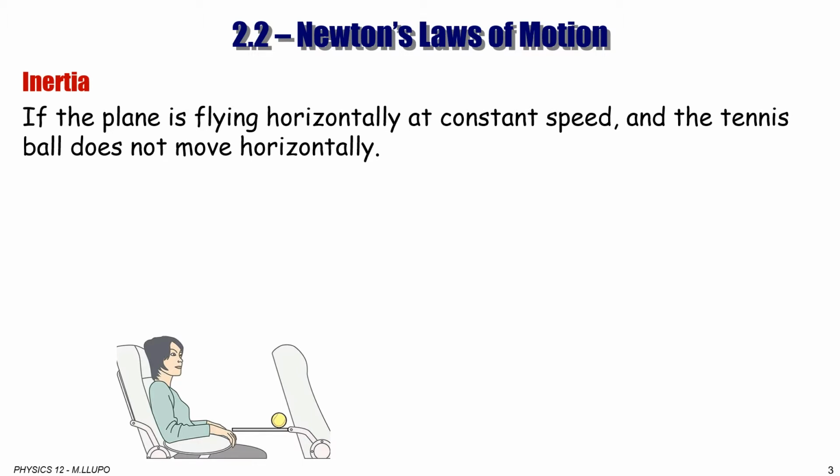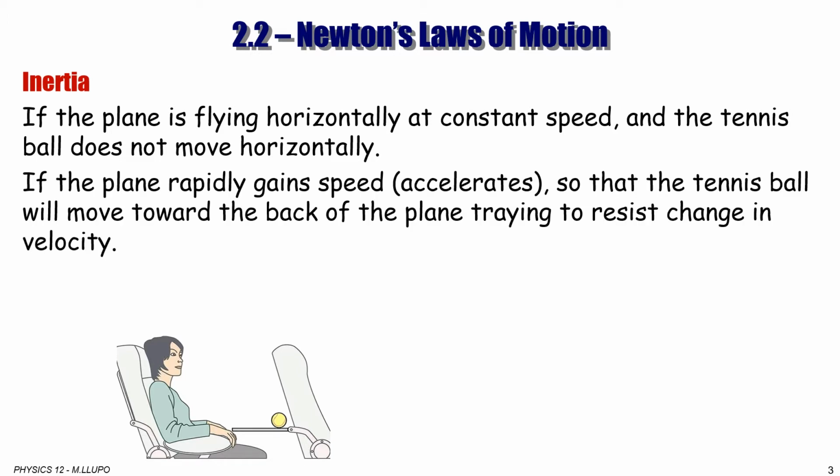So there's no reason to change that constant motion. However, if the plane rapidly gains speed or accelerates forward, the tennis ball will move toward the back of the plane, keeping the same pace as before. So it's trying to resist the change in velocity.